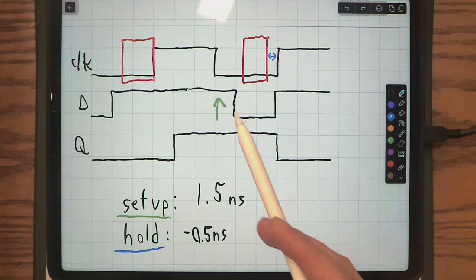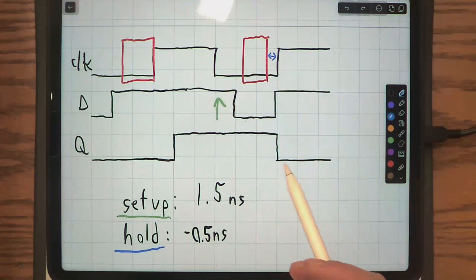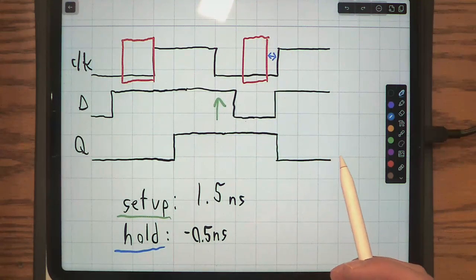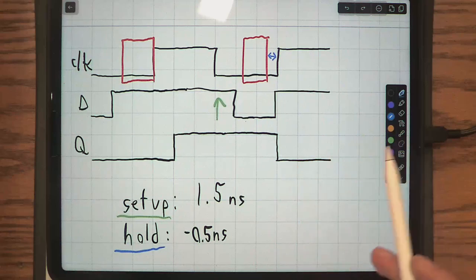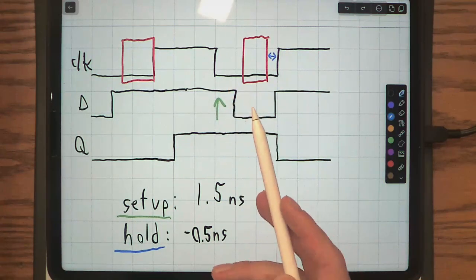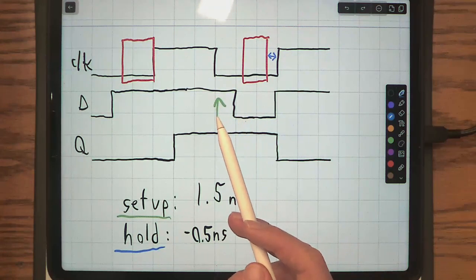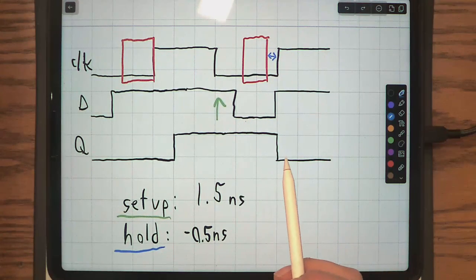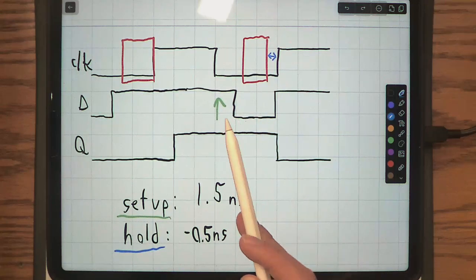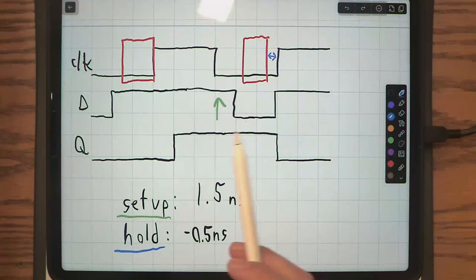So on this next positive edge right here, on this next cycle, we're expecting Q to be 0. And because we're expecting Q to be 0 on the next cycle, that's why D needs to be 0 within the aperture. So within the aperture on that edge, we need that whole region to be 0.